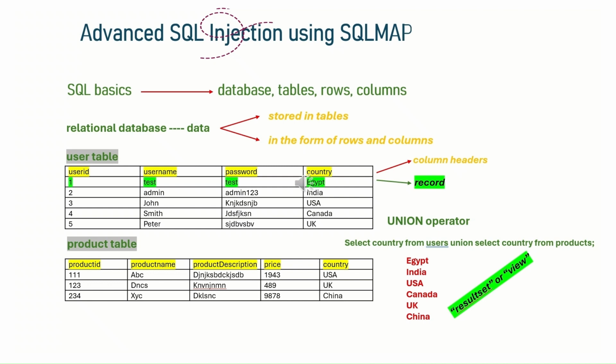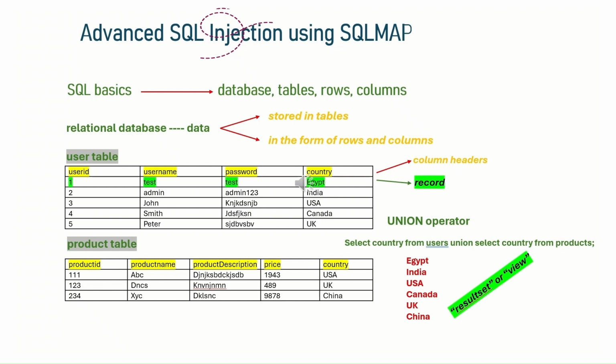For example, a user table can look like the one you see on the screen. The top row here is called column headers. So user ID, username, password, and country are column headers, and anything that follows the headers vertically are column values.